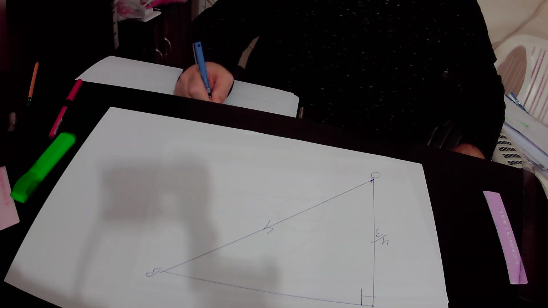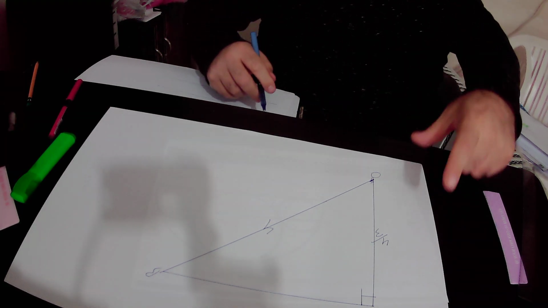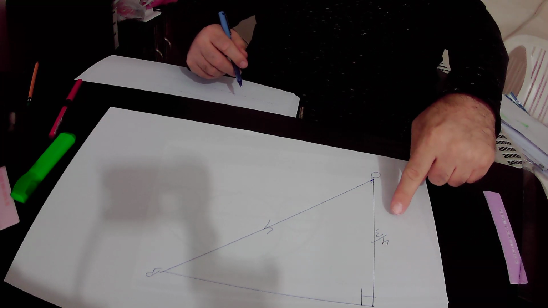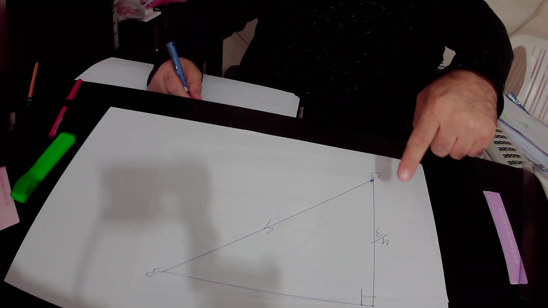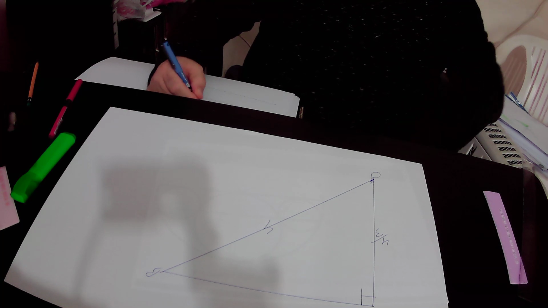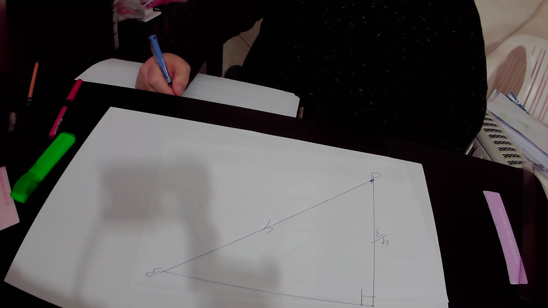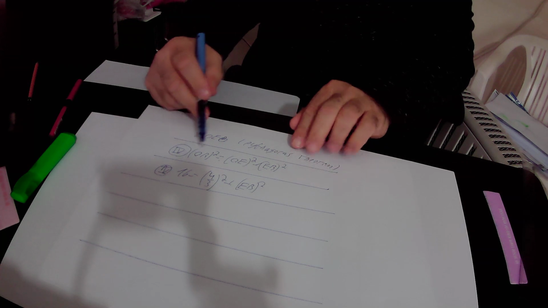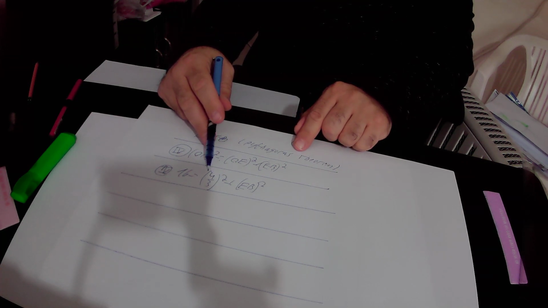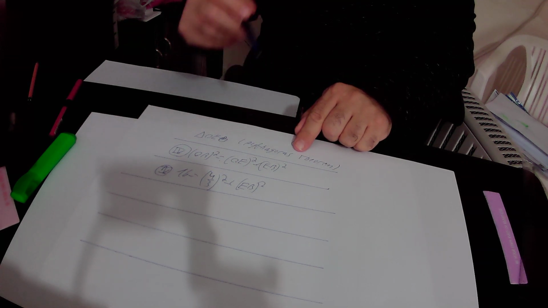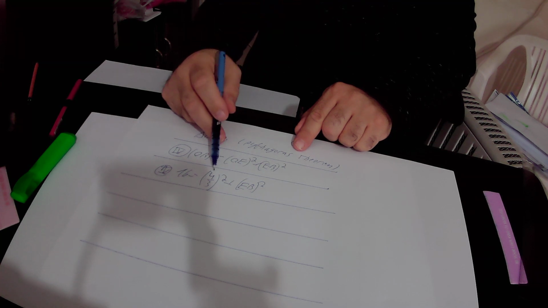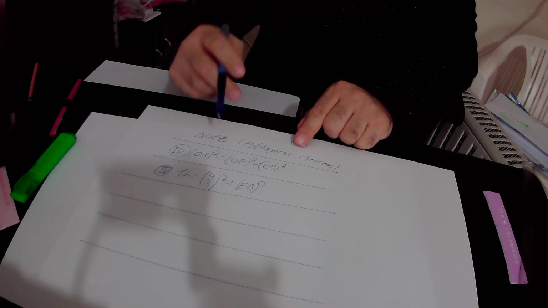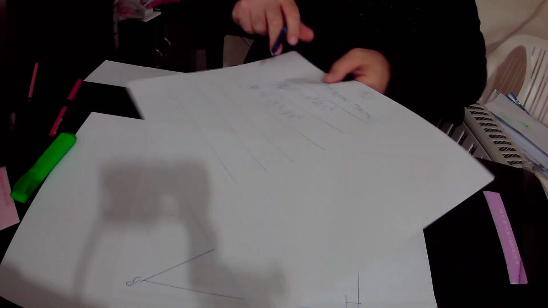So 16 equals OE squared, and OE is 4/3, so OE squared is (4/3) squared, plus EB squared. Here 4 over 3 squared is 16 over 9, so I will write it down.